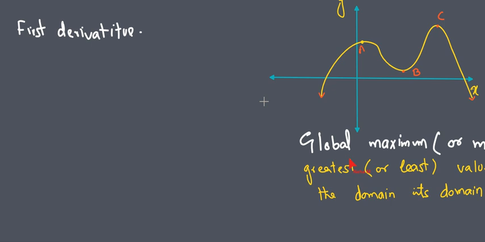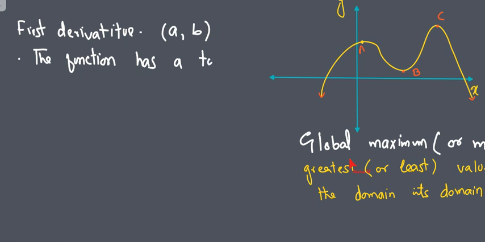First of all, we are taking the domain as an open interval AB, and we know that the function has a turning point at x equals c.